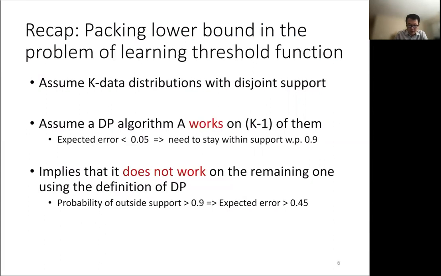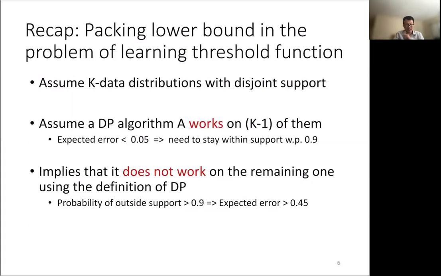Since the requirement of learnability is for the algorithm to learn any distribution, we can construct a large bag of distributions and then show that if this algorithm is able to learn on all but one data distribution and produce some non-trivial results, then on the remaining one data distribution, the result will end up being trivial.